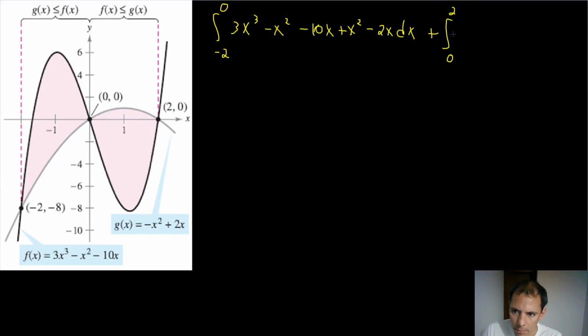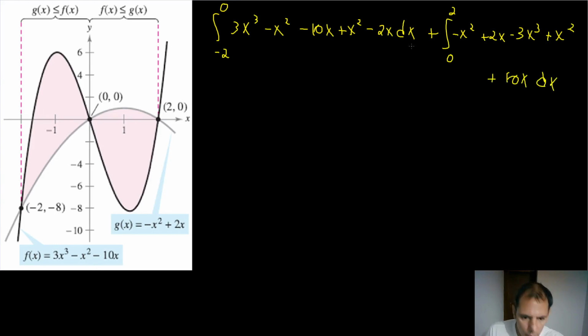So it's going to be minus x squared plus 2x and minus 3x cubed plus x squared plus 10x dx.